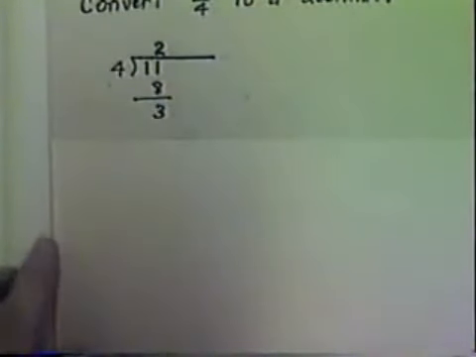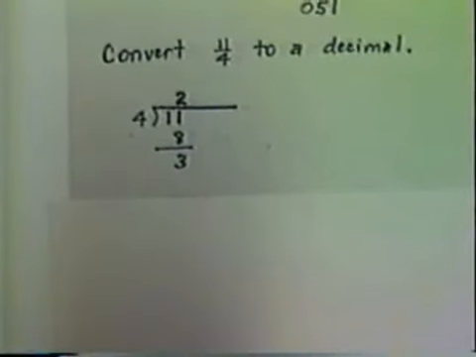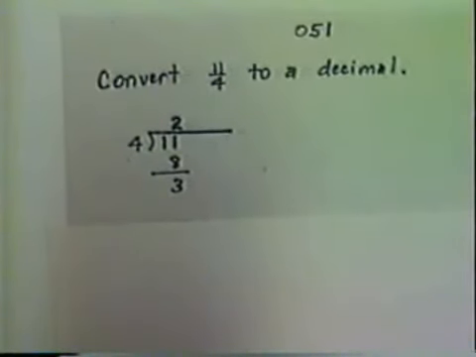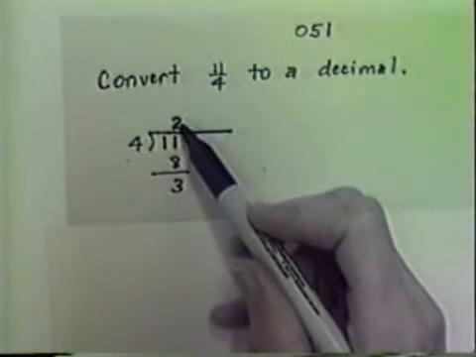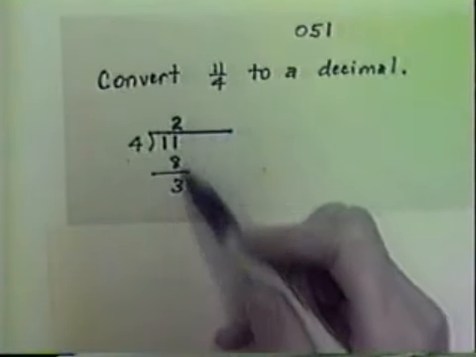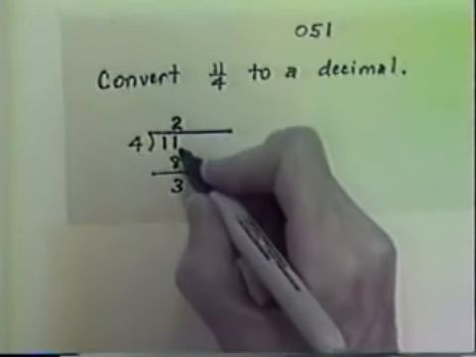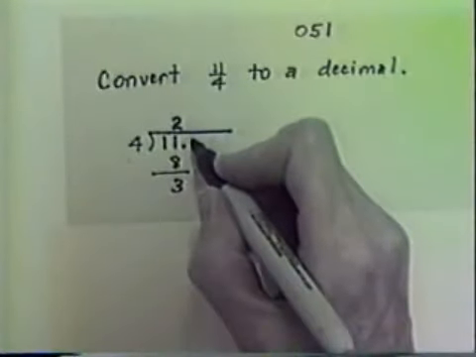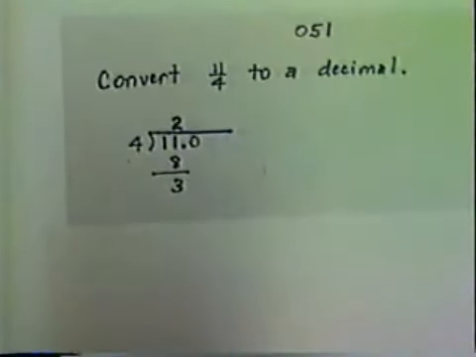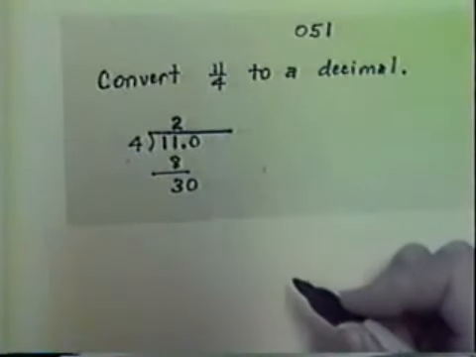Converting 11/4 to a decimal, the same number that we just were working with. When we convert 11/4 to a decimal, we divide the denominator 4 into the numerator 11. We get 2. 2 times 4 is 8. Subtract and get 3. But to go with decimals, we place the decimal point where it's understood to be to the right of 11 and affix a 0 to the right of that so that we can bring down the next digit and keep dividing.